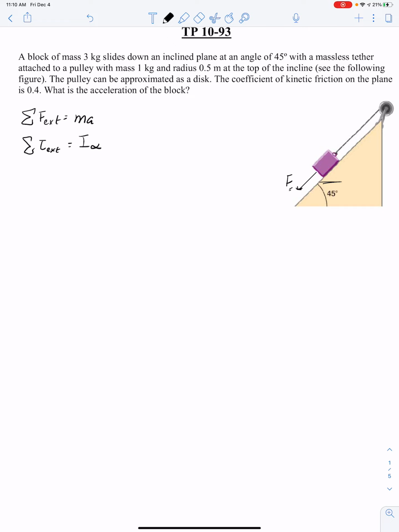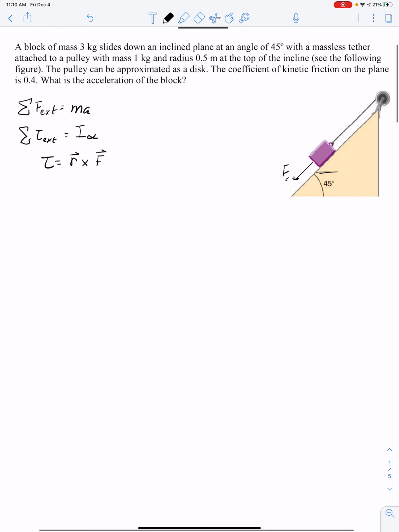So we identified those, and given that we have a moment of inertia and a radius and we have torque, it is also important to write down that torque equals the cross product of the distance from the axis of rotation to the point of application. Okay, so we'll talk a little bit more about this equation once we get there.